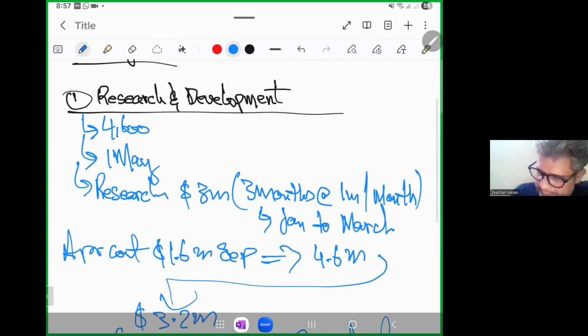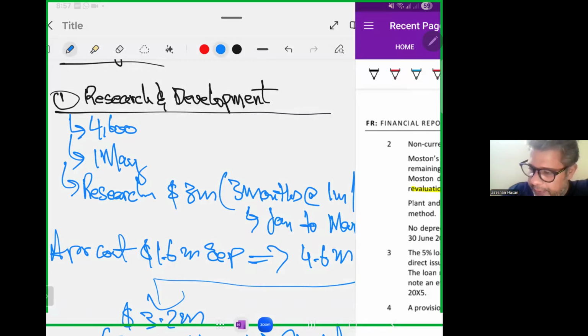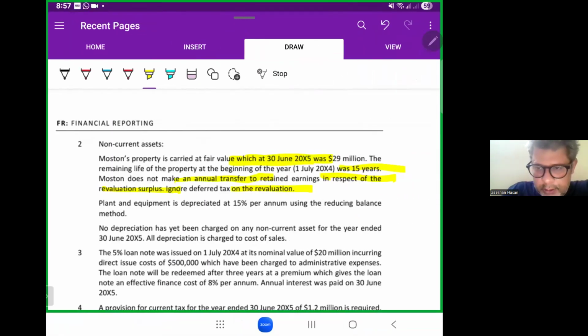Okay, second, we had Moston's property carried at fair value, which at 30th June 2005 was 29 million. The remaining life of the property at the beginning of the year, 1st July, was 15 years. Moston does not make an annual transfer to retained earnings in respect of the revaluation.